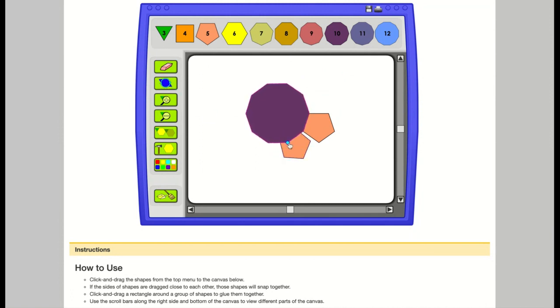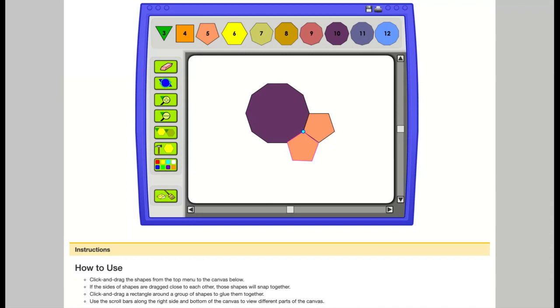And notice that they actually work out here in one vertex, like so. So this vertex here is what you would call 5, 5, 10, because you've got a 5-sided polygon, 5-sided polygon, and then a 10-sided polygon. So that vertex is a 5, 5, 10.